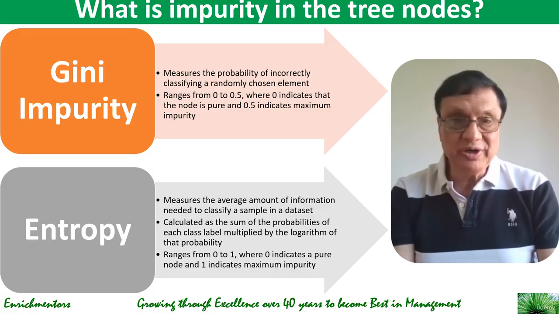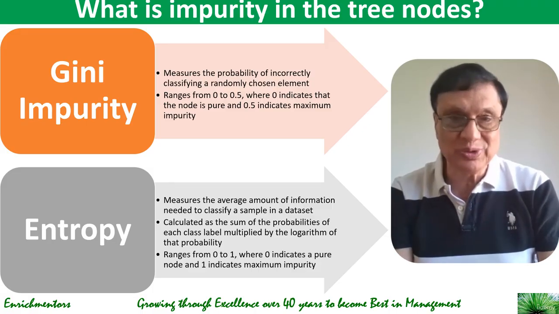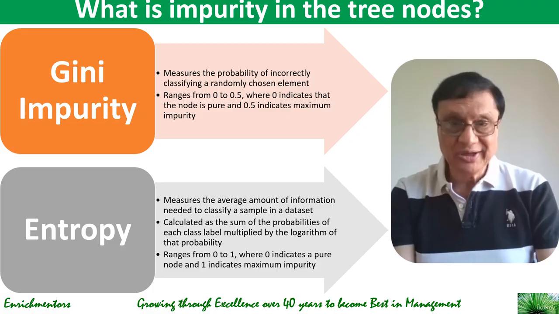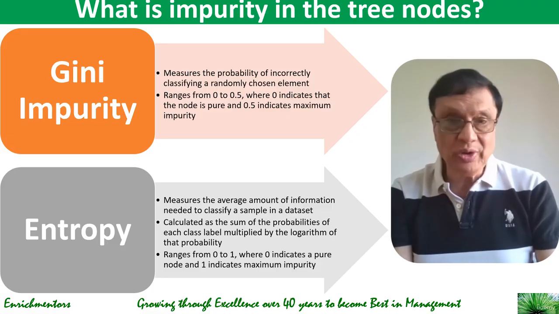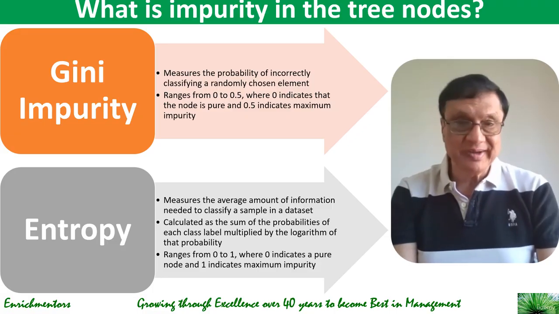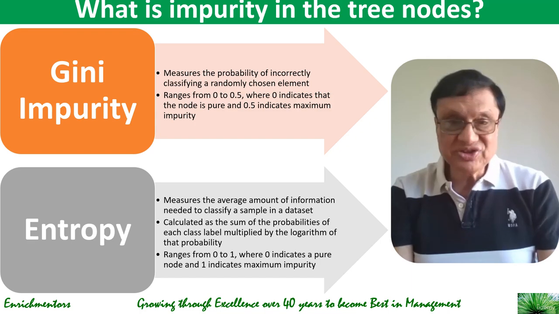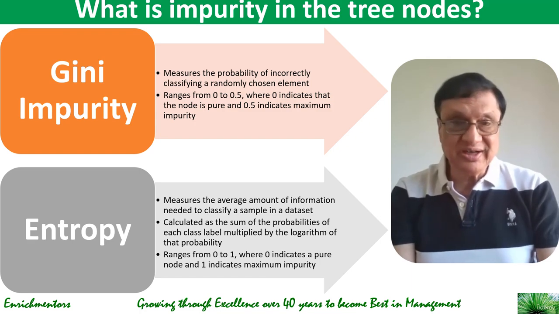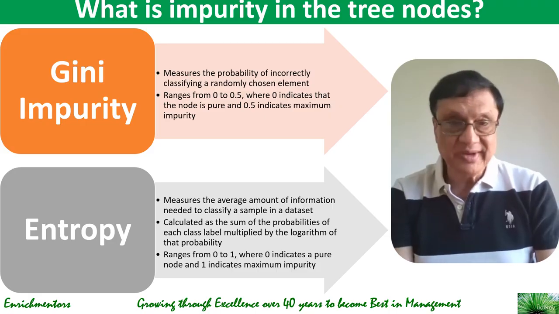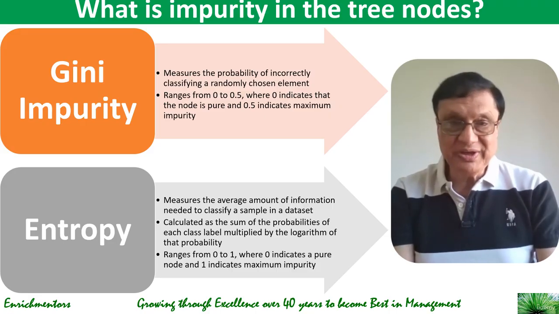Similar to Gini impurity, entropy also ranges from 0 to 1, where 0 indicates a pure node and 1 indicates maximum impurity. When constructing a decision tree, the algorithm chooses the feature and split point that minimizes impurity in the resulting child nodes. This process is repeated until a certain stopping criterion is met, such as reaching a maximum number of trees.